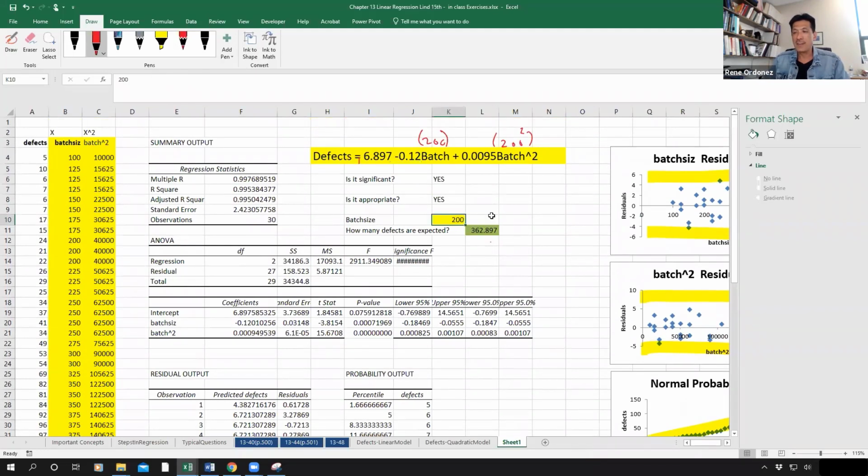So if, oh, that can't be. Is something wrong? Here's my mistake. This should be 3 zeros, right? So the formula here should also say 3 zeros. That's my mistake there.